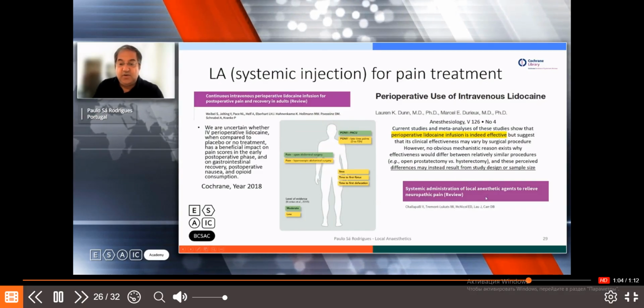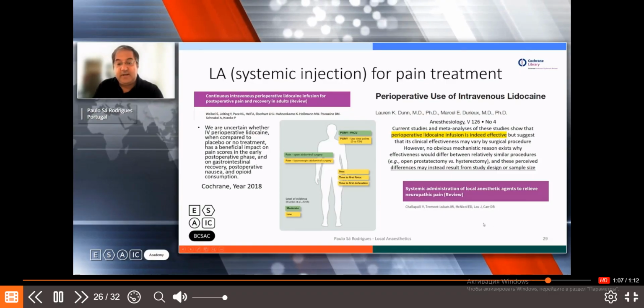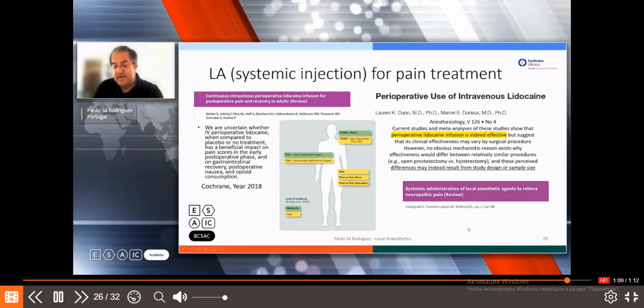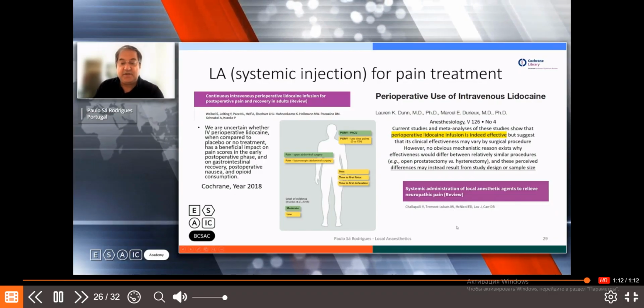Also, it's being used to relieve neuropathic pain in intravenous administrations.